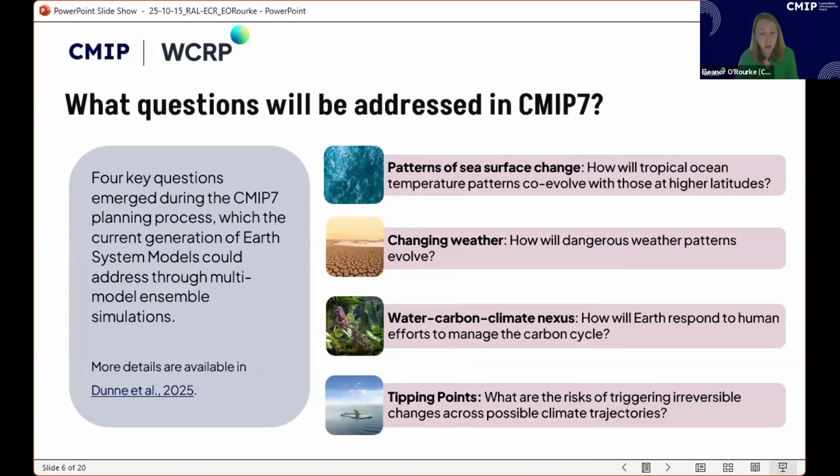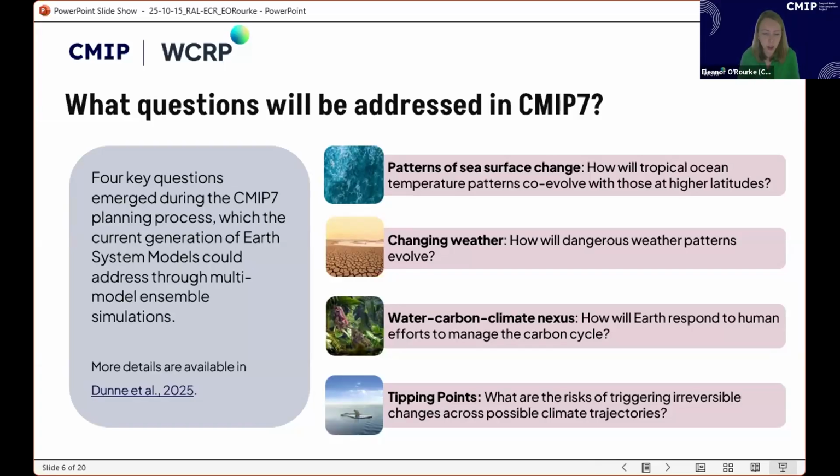We've got the changing weather, our extremes and the dangerous weather patterns. Then that water carbon climate nexus. We've got these big changes within the carbon cycle. How is the Earth going to respond to that? And a really topical one that has come up a lot in recent years is things like tipping points. So what is the risk of really going past that point of no return? And where are these likely to happen?